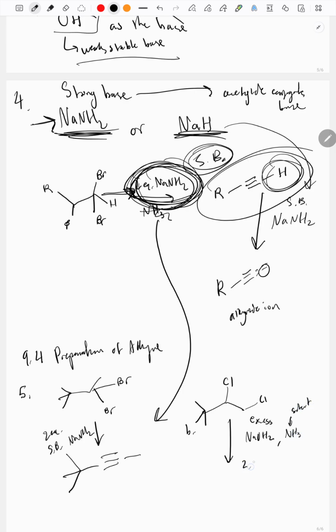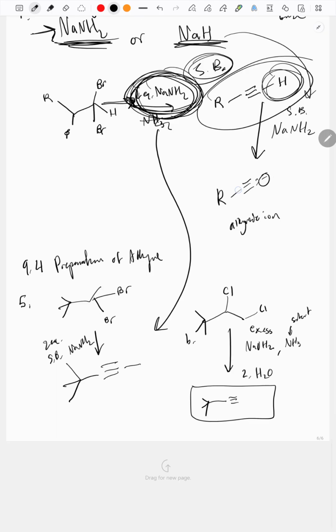And 2, we're going to use water to acid quench. And what do we get? So we can use elimination to answer this question. Yes, this is what we should get. This cannot eliminate this direction because there's no hydrogens available, as it's all filled up by the carbons.